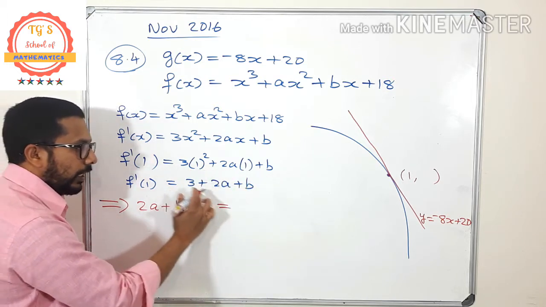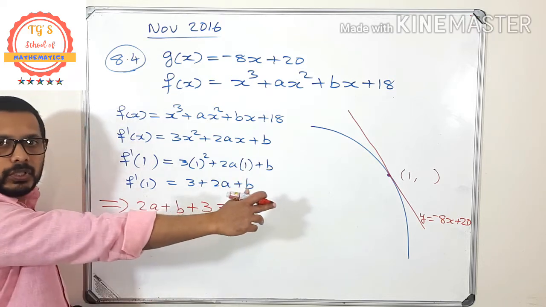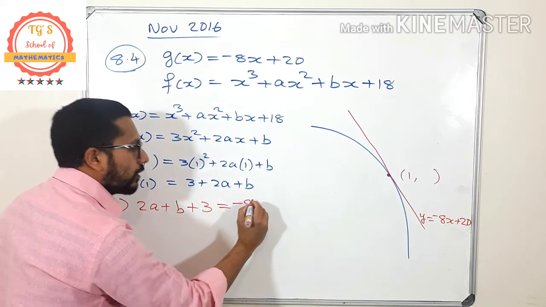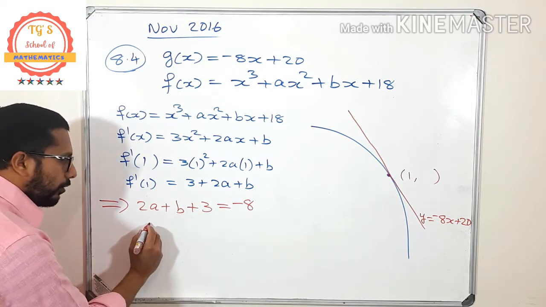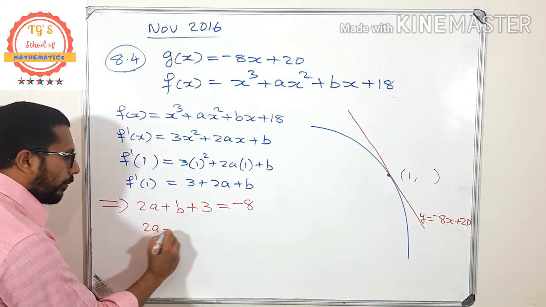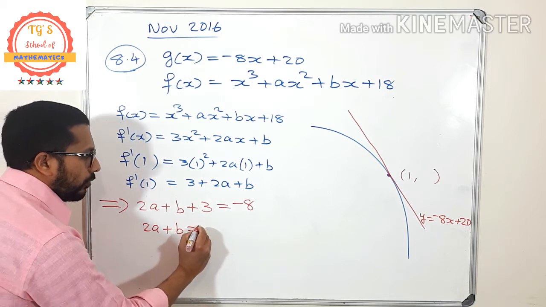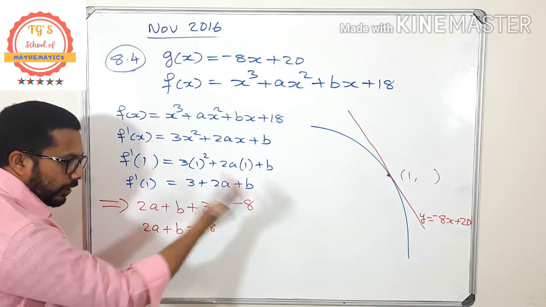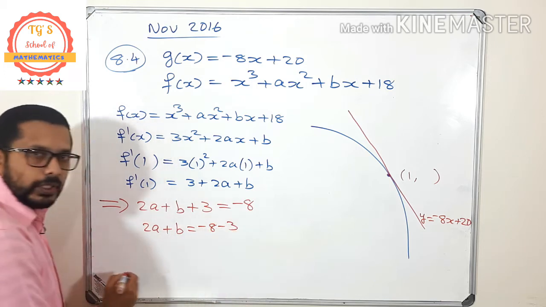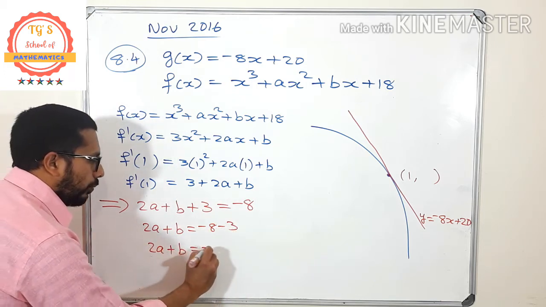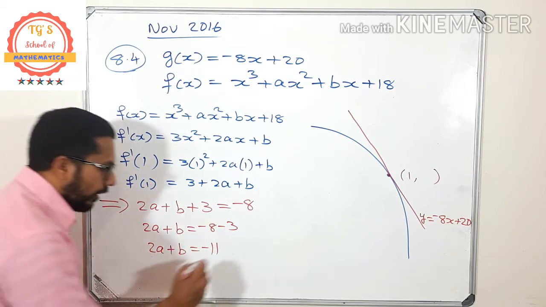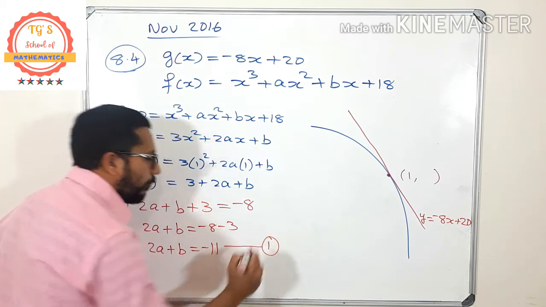You are supposed to get the gradient here, and from the question we know that it is minus 8. So from here, 2a plus b plus 3 is equal to minus 8. Take the 3 to the other side, so it is minus 3. So 2a plus b is equal to minus 11. Let me call that equation number 1.